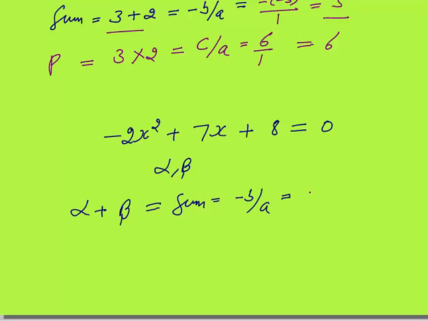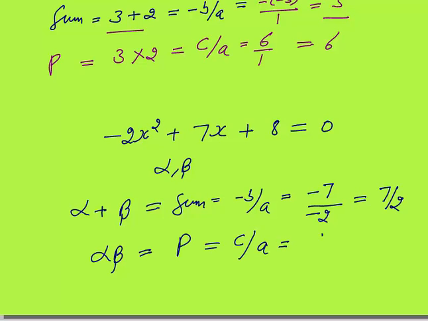Here b would be 7, a is minus 2. This will be equal to 7 by 2. That will be the sum of the roots. Product of the roots alpha beta will be equals to c by a. What is c? 8. What is a? Minus 2. Minus 4. So once we know the equation, we can always find the sum of the roots as well as product of roots.